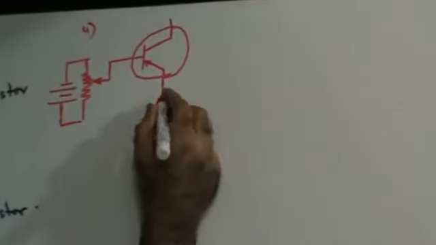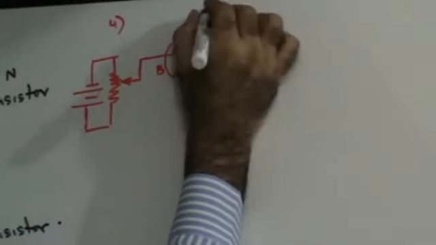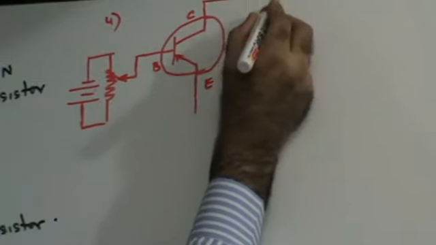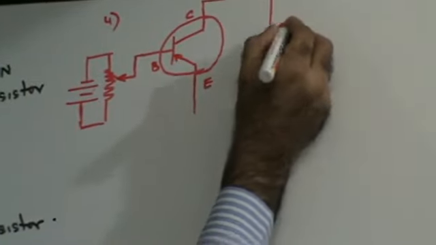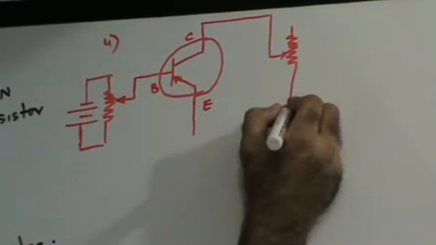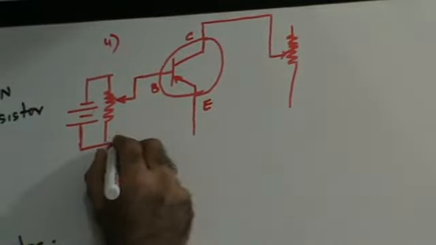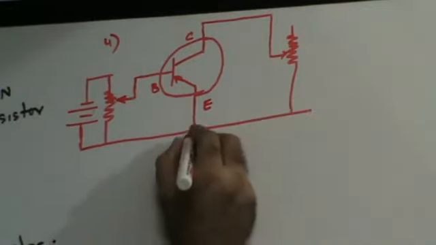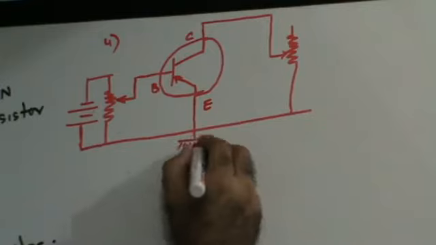Here you will have collector current and emitter current. This is my emitter, base, collector. And here again this is going to be connected to a variable power source through a variable resistance. The emitter is going to be common. The emitter is earth.